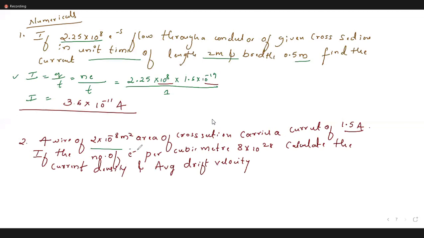Area is given, current is given, number of electrons are given, and the charge of electron. You need to find out J and V, right? J is equal to I by A. Then V is equal to, J is equal to I by A, I is equal to NEV, right?